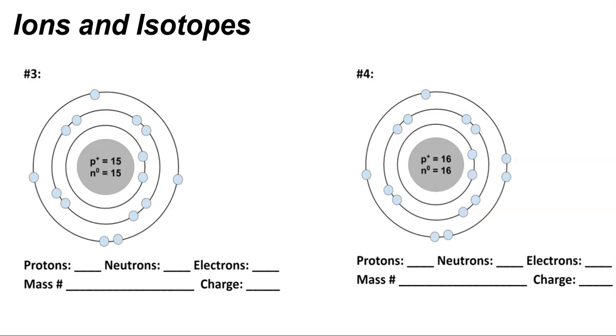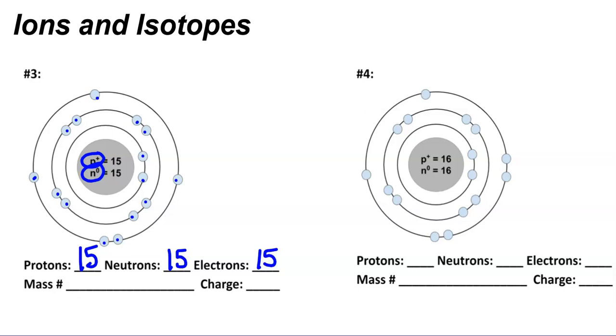Looking at number 3, protons, it tells us that there are still 15 protons. Neutrons, there are now 15 neutrons. And electrons we have to count. 1, 2, 3, 4, 5, 6, 7, 8, 9, 10, 11, 12, 13, 14, 15.